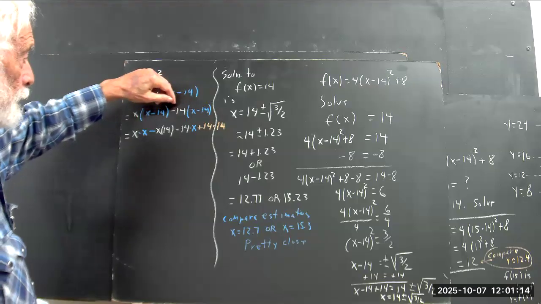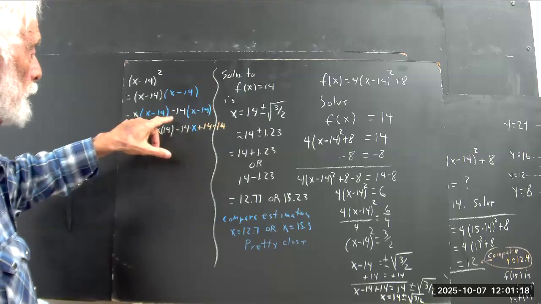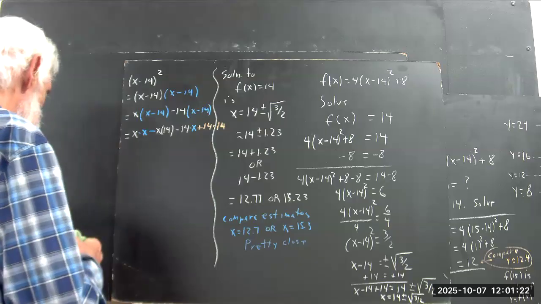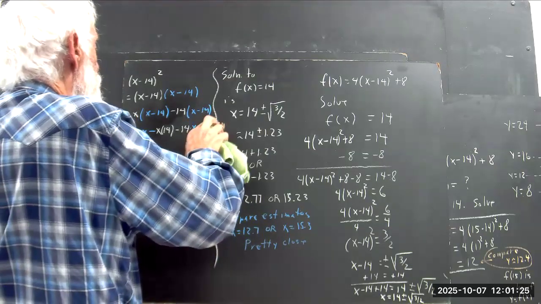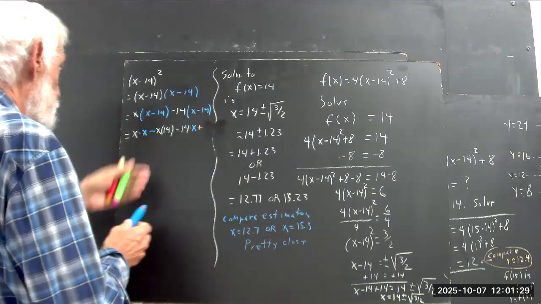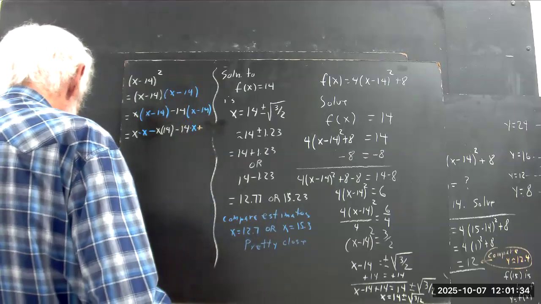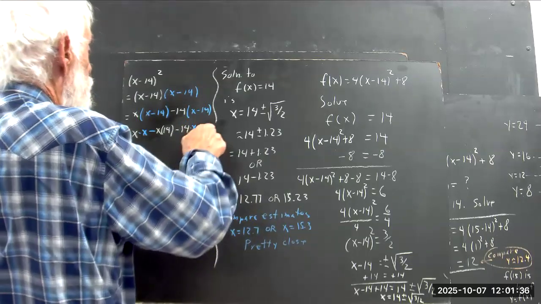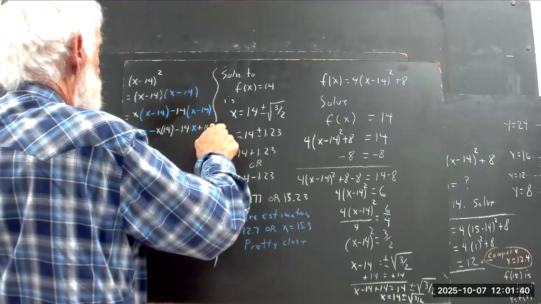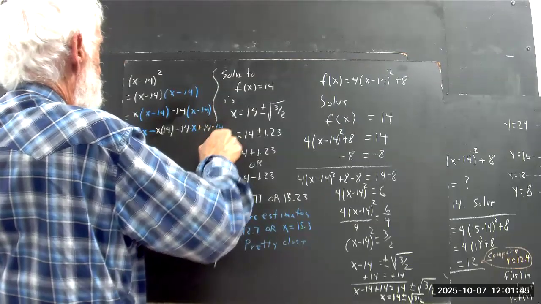This multiplies this, and this multiplies this. This is a minus 14. When I multiply minus 14 by 14, I get a plus, which is why I put this in different colors, plus 14 times 14.